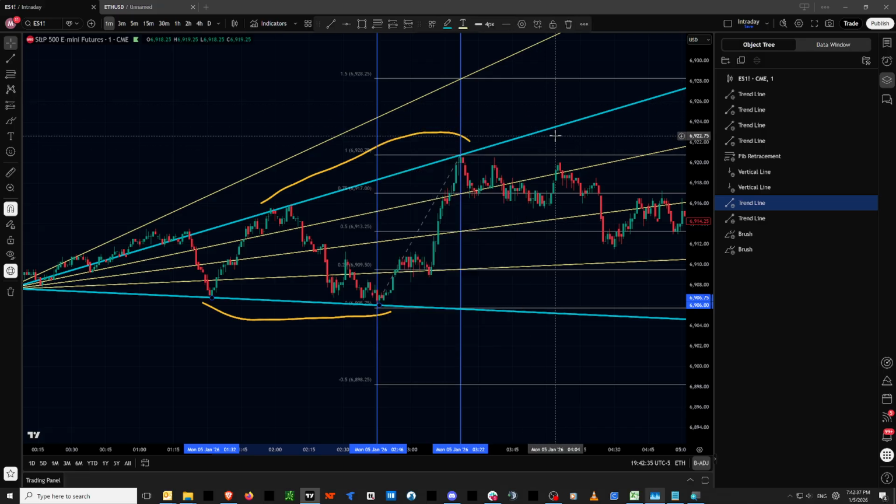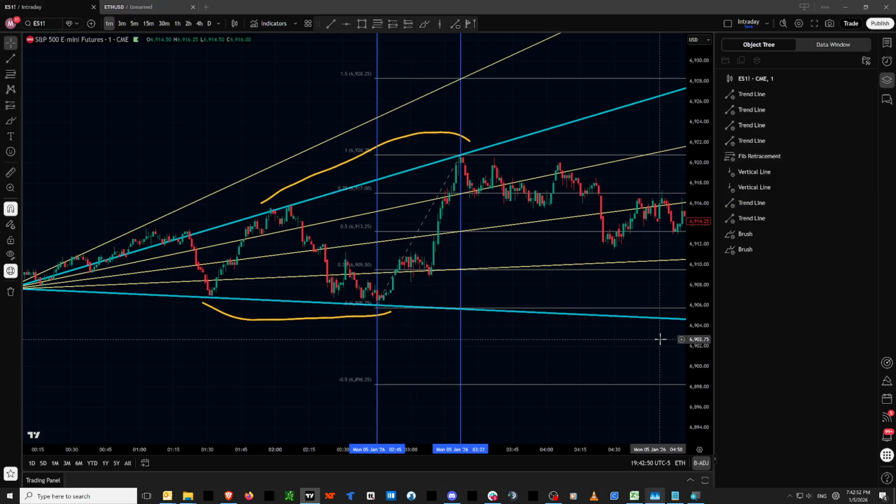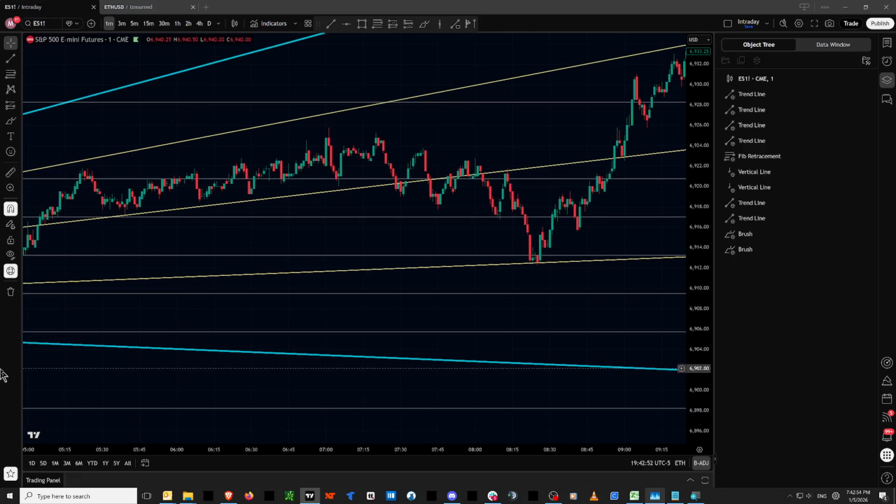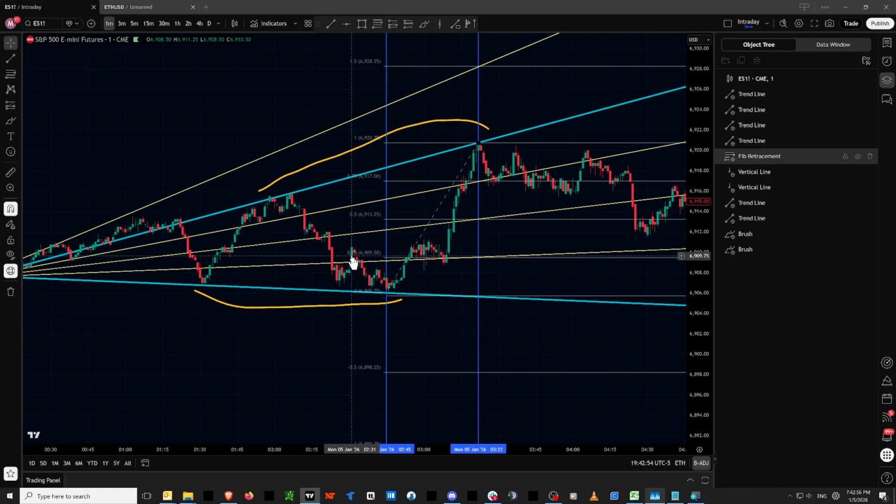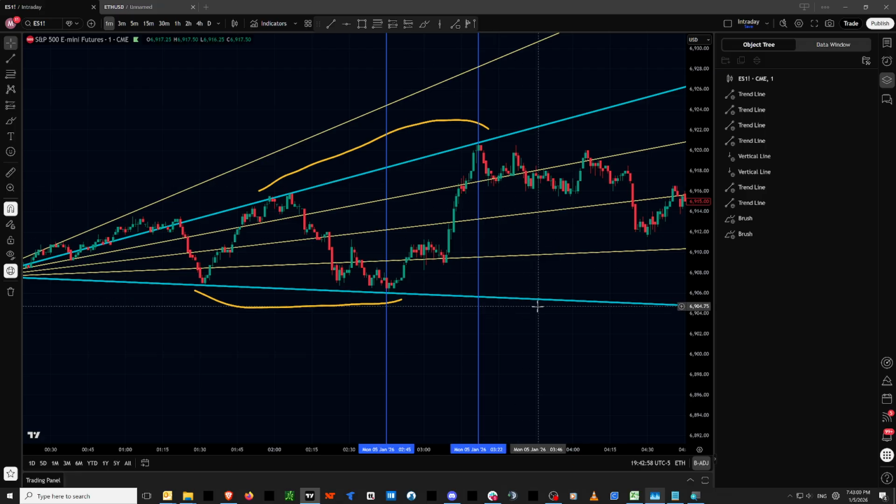Okay. Here's the original line. I can get rid of the Fibonacci now. I'm done, unless I want to continue. You know what? Let me go ahead and mark this 50% lower. I don't know. Let me see if the price. No, it doesn't matter. So we'll get rid of the Fibonacci. We're done with the Fibonacci.